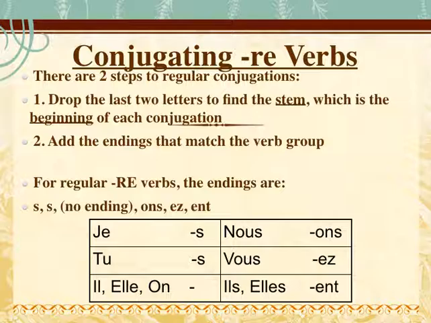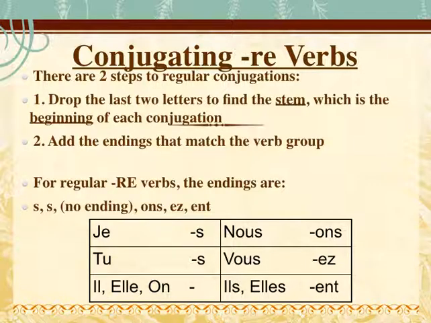You'll note that the plural endings are the exact same for ER verbs and RE verbs. The only thing that's any different is je, tu, and il, elle, on. S, and then no ending at all.